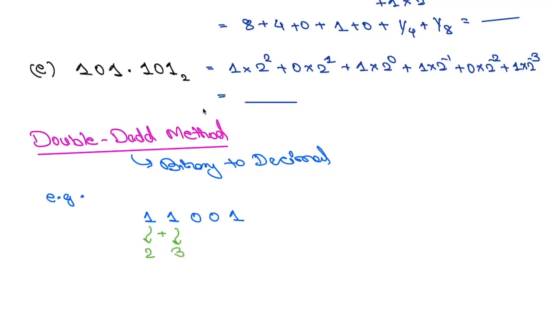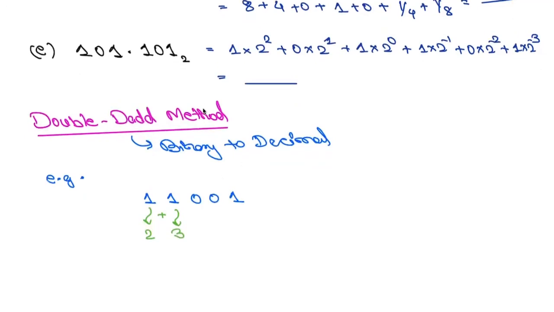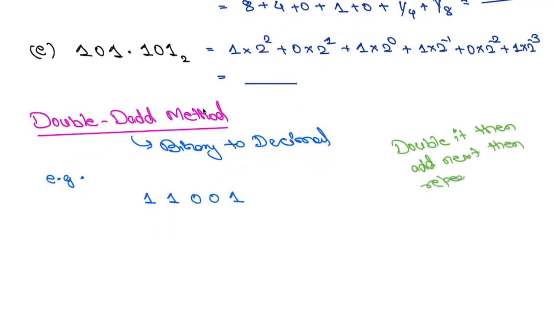Then again double it, then add the next term, then again double it, then add the next one. So basically double it, then add next, then repeat till last digit.